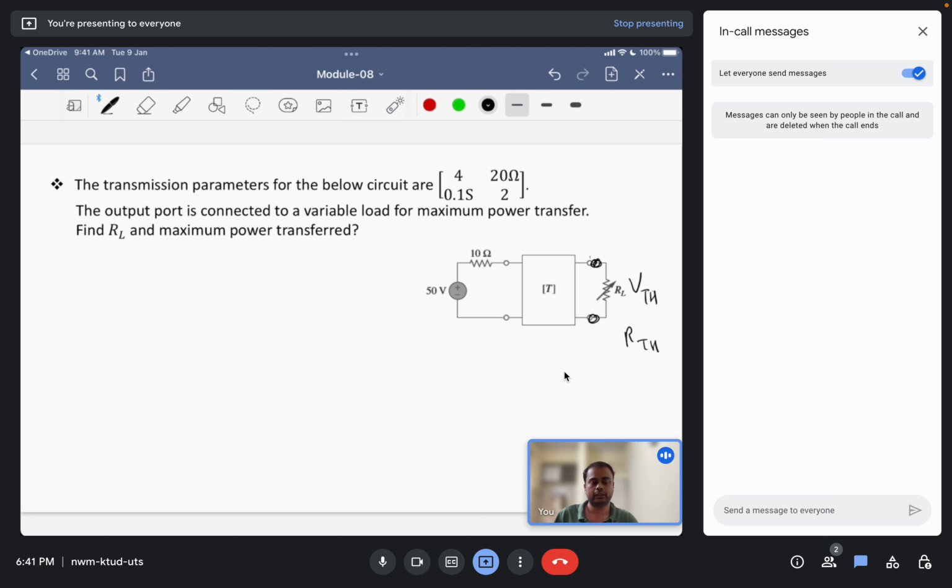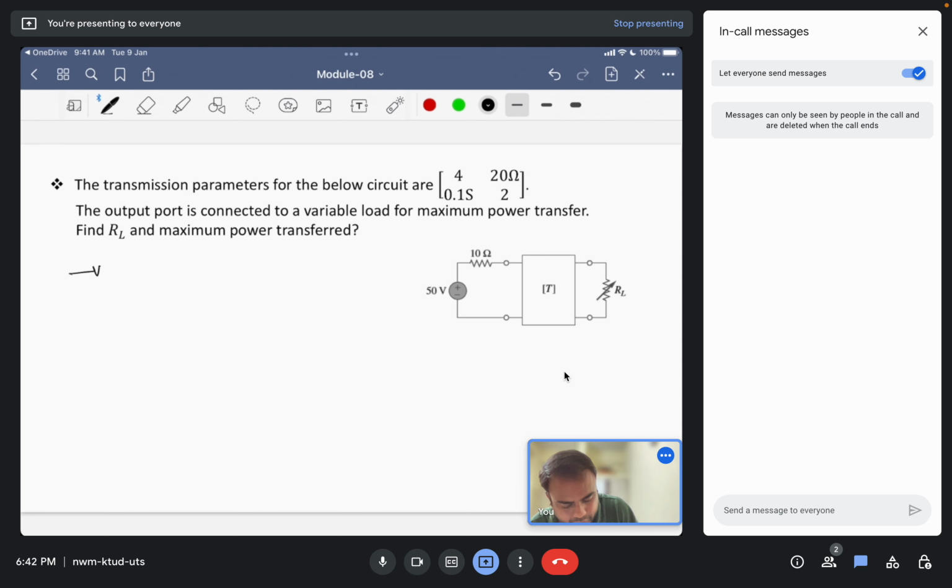If we know VTH and RTH, we can calculate the maximum power. First, let us calculate the Thevenin's resistance for the given network. While calculating it, the rule is to short circuit any voltage source and open circuit any current source. So we'll short circuit the voltage source here.